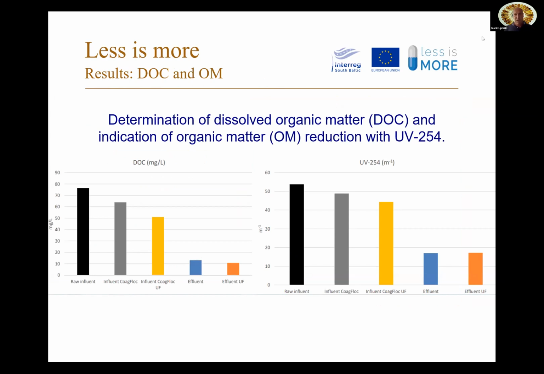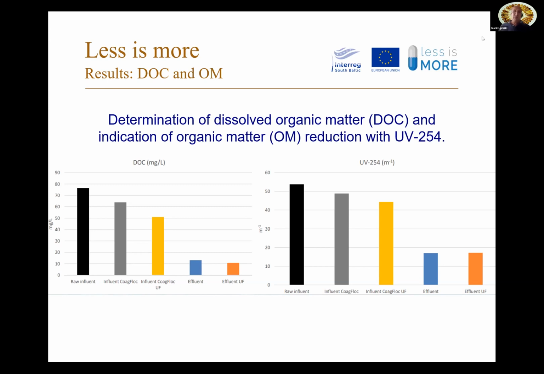And here you can see what we really achieved when it comes to the dissolved organic matter and the organic matter reduction. What you can see nicely in both cases is that we achieved a very nice reduction with our setup using the ultrafiltration.